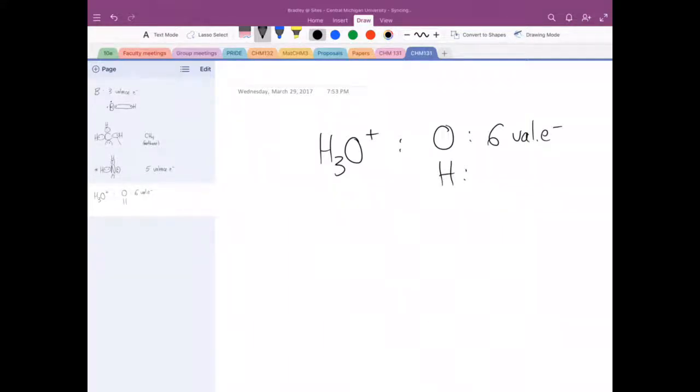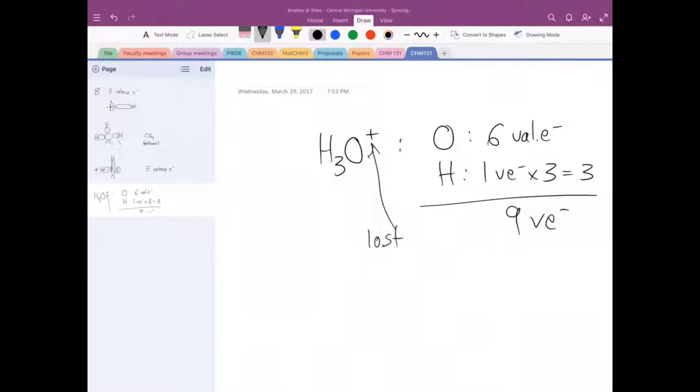Hydrogen has 1 valence electron, but you have 3 of them, so that's a total of 3. So far, you have 9 valence electrons, but it's a positive charge, so that means you've lost an electron. So let's subtract 1 valence electron. That gives a total of 8 valence electrons for this H3O+.